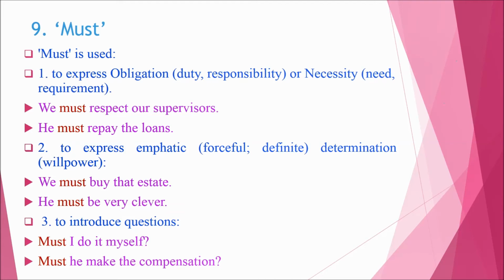So, must is used to express obligation, which means duty or responsibility, or necessity, which means need or requirement. Now let's see some example sentences. We must respect our supervisors. He must repay the loans.